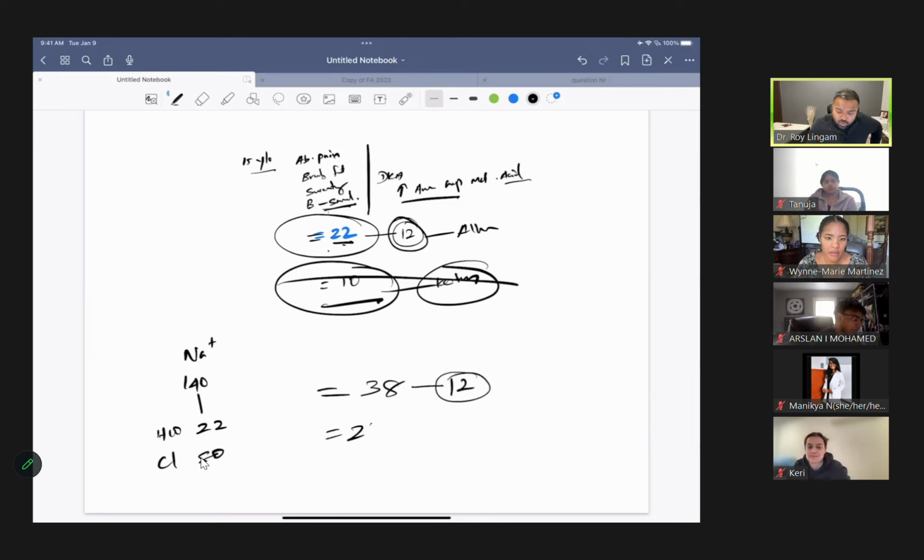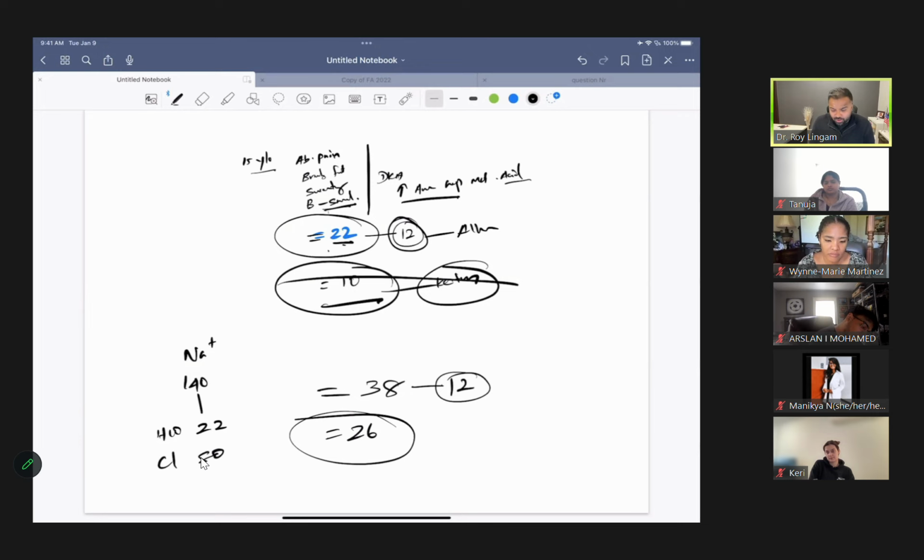That should give you 26. Did we get that right? So that means this kid has a disease happening in the body that is producing 26 negatively charged ions. We need to find out what it is and treat. Is everybody clear, folks? That's the story for anion gap. Any questions so far?